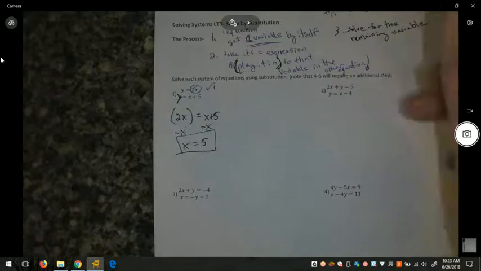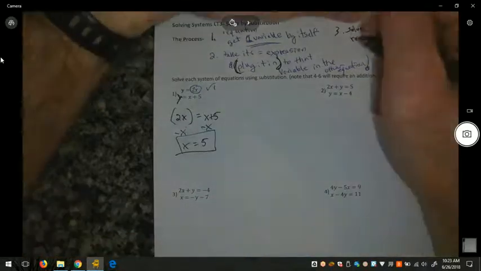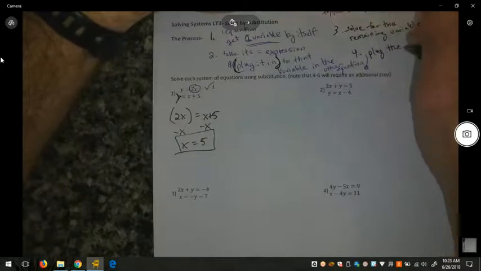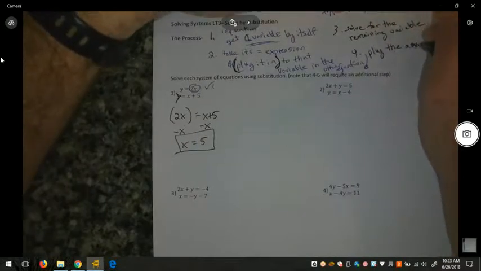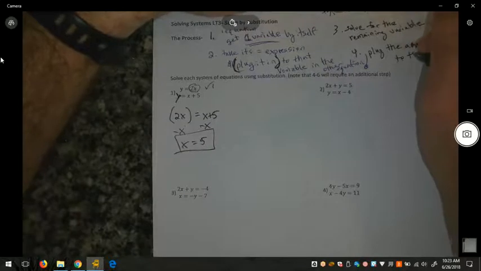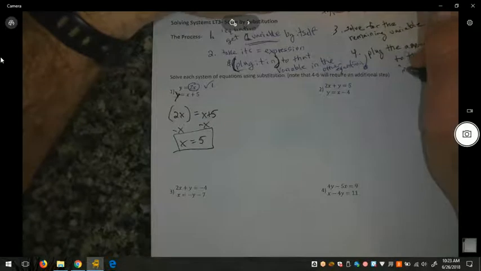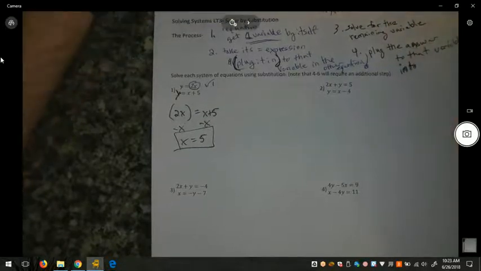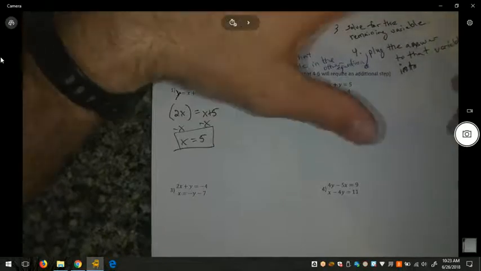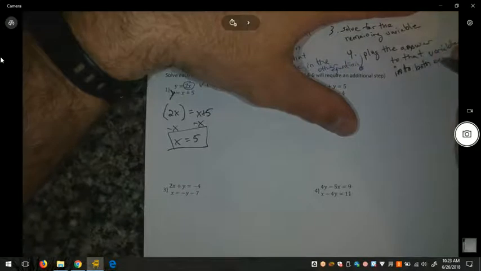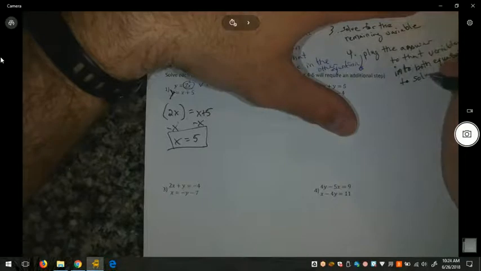So the next step is to substitute that value in, or plug the answer to that variable into, now you should, if you're just trying to find the answer, be able to plug it into just one, but we're also going to need to check our answer, so we're going to plug the answer to that variable into both equations to solve for the remaining variable.